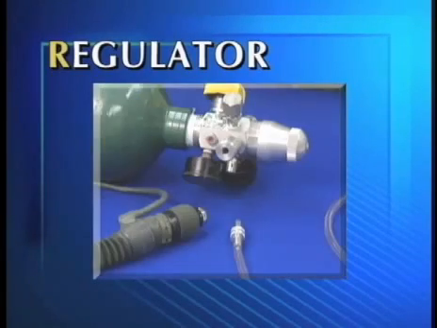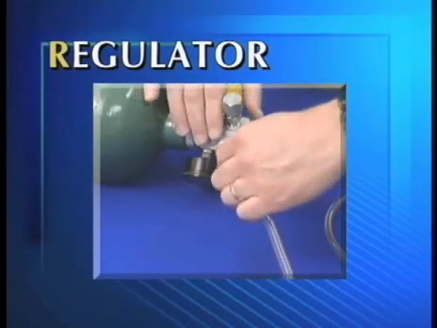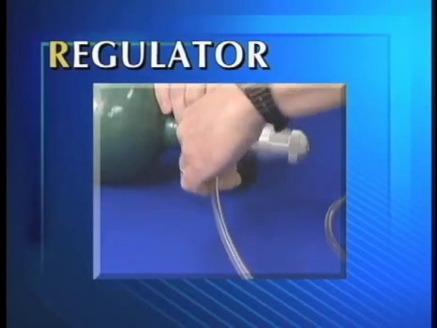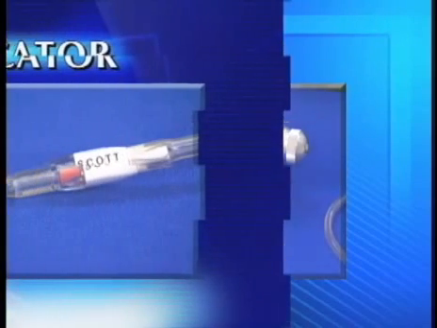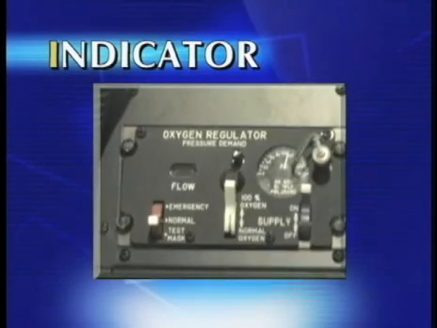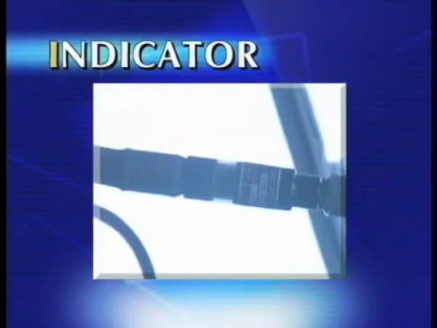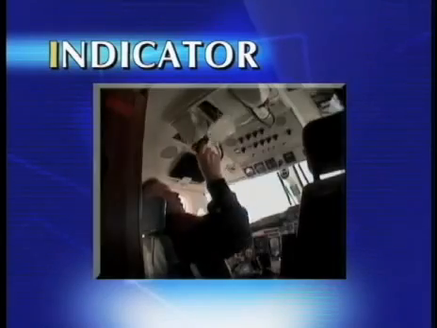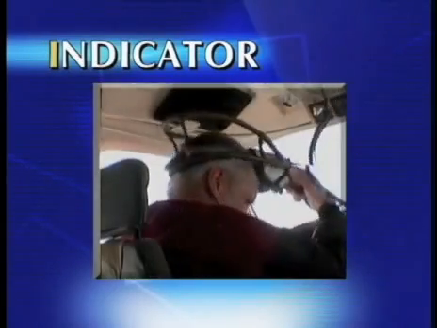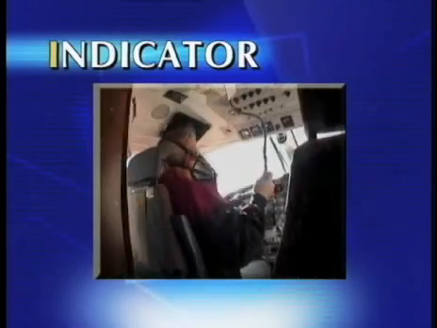If you are using a continuous flow system, make sure the outlet assembly and plug-in coupling are compatible. Indicator. Most oxygen delivery systems indicate oxygen flow through the use of flow indicators. Flow indicators may be located on the regulator or within the oxygen delivery tube. You should check the flow indicator whenever the oxygen mask is donned to assure a steady flow of oxygen.